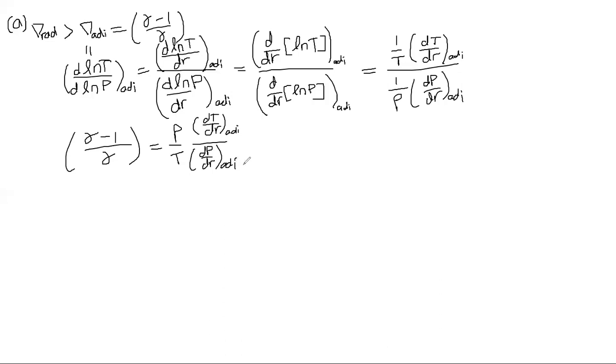And then I want to solve for dT/dr convective, basically. So let me take what I have and rearrange it so that I'm solving for the dT/dr, and then explain why adiabatic is the same thing as convective.